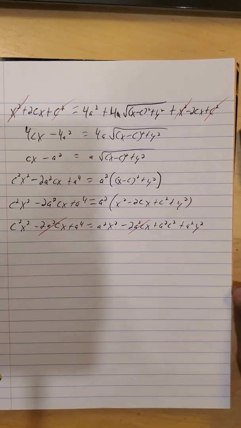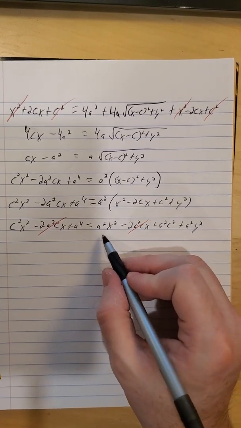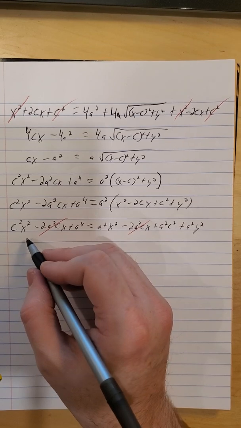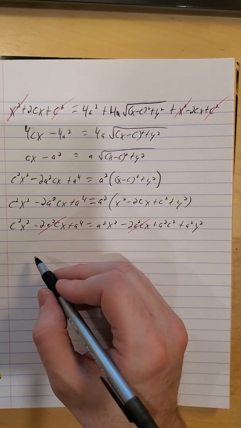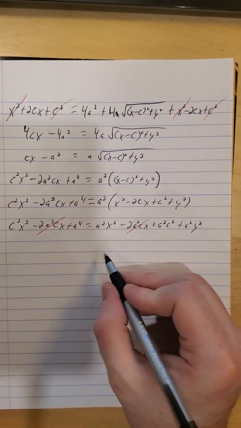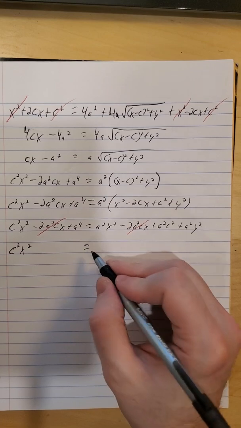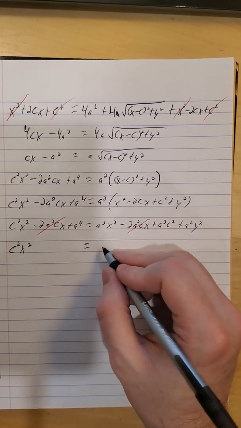Not at the moment. So now we can get everything with a variable onto one side. Remember, a and c are just arbitrary constants. X and y are input and output variables, respectively. So I'll leave the c squared x squared over here. This a to the fourth is moving to the other side.